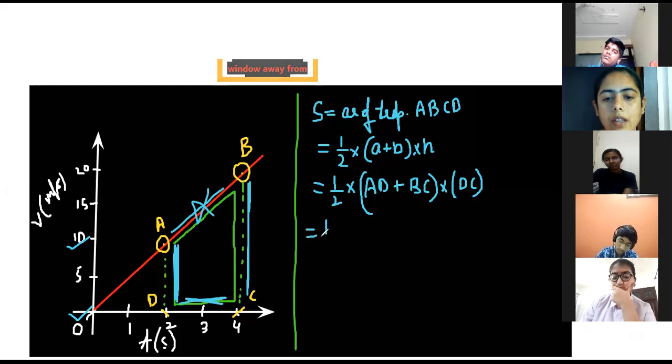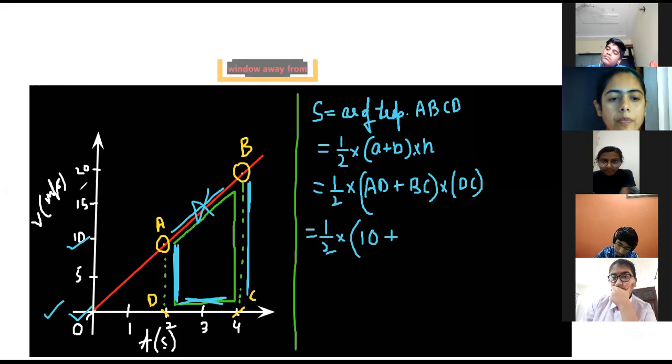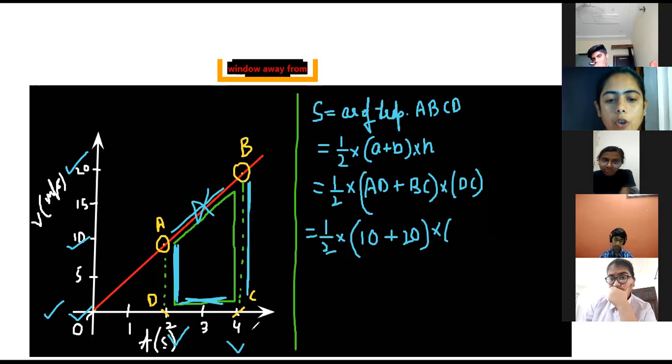Now put the values. Half into sum of parallel side AD. It goes from 0 till 10. So it is 10 plus BC. BC goes from 0 till 20. So 20 minus 0 is 20. Multiply by DC. DC goes from 2 till 4.